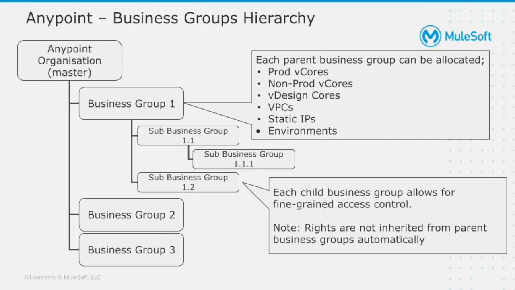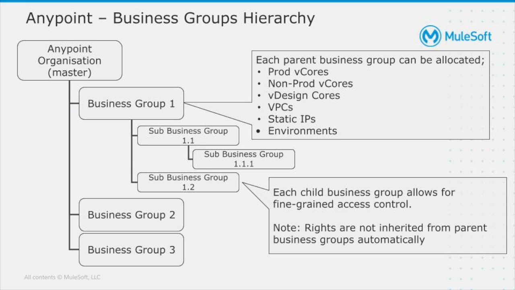Each business group, including master, has its own Design Center, Runtime Management Center, access management features like users, roles, external client providers, private Exchange, allocated vCores for both prod and non-prod, which can be sliced in 0.1 fragments, VPCs, DLBs, static IPs, etc.